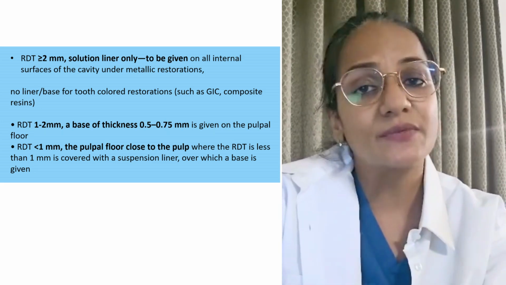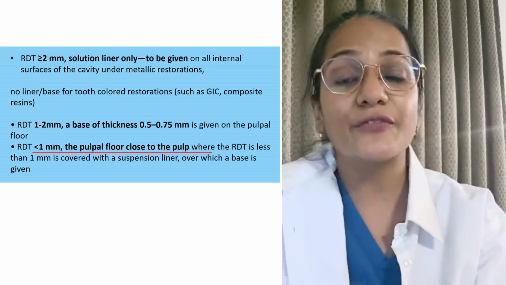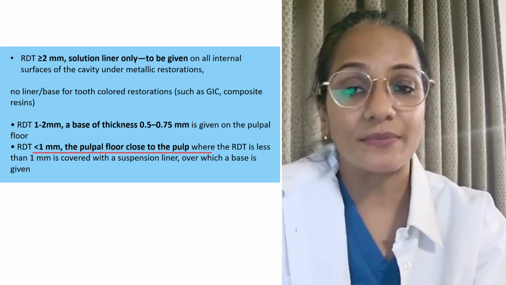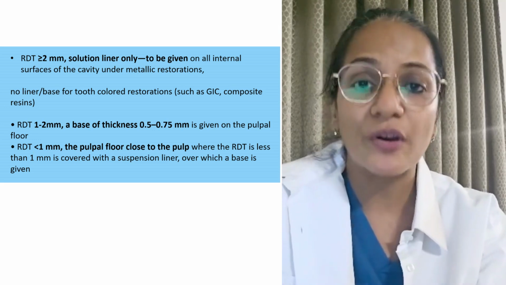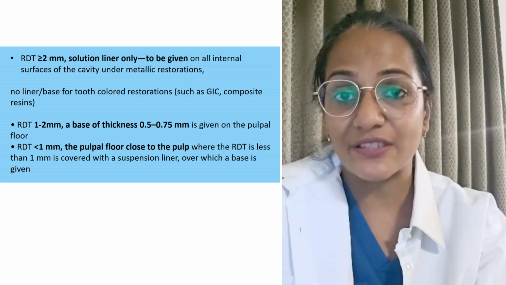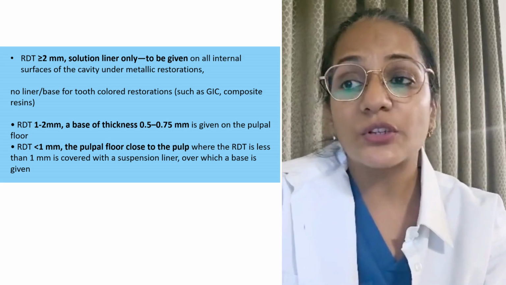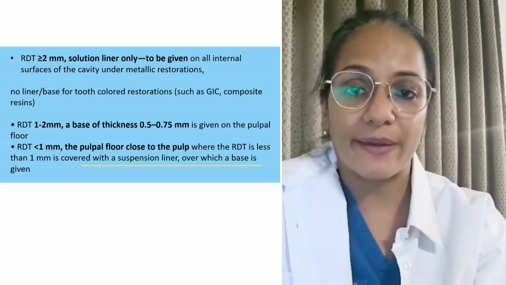The usual base that we apply for dental amalgam is zinc phosphate, which we apply on the pulpal floor. And if your remaining dentine thickness is less than 1 mm, which means you hardly have any dentine between your pulpal floor and your cavity floor, then you can always apply a sub base, that is a suspension liner, followed by a base.